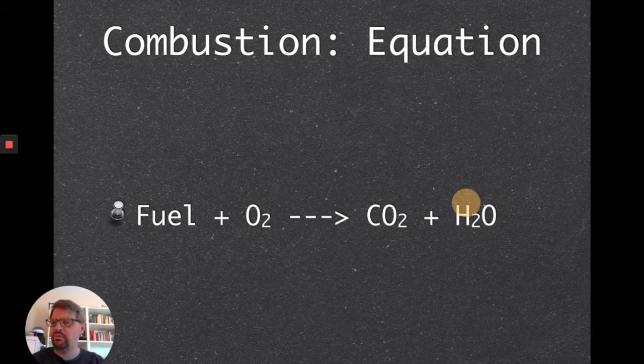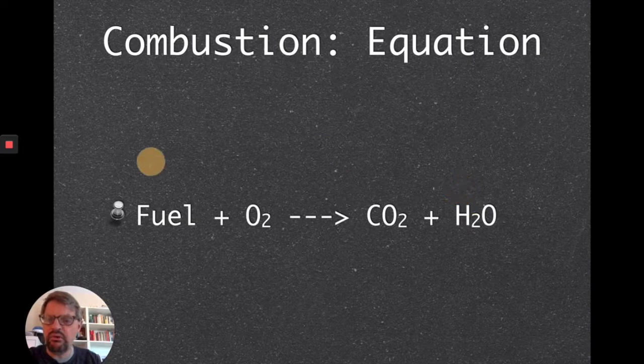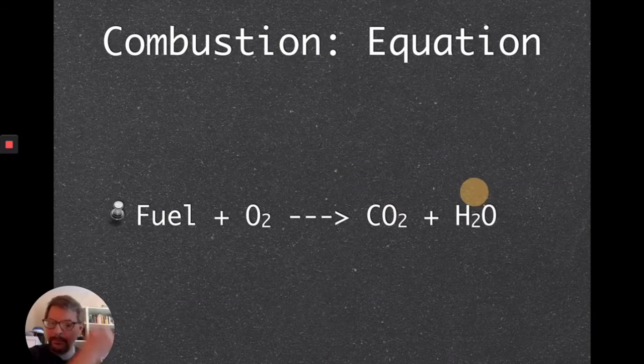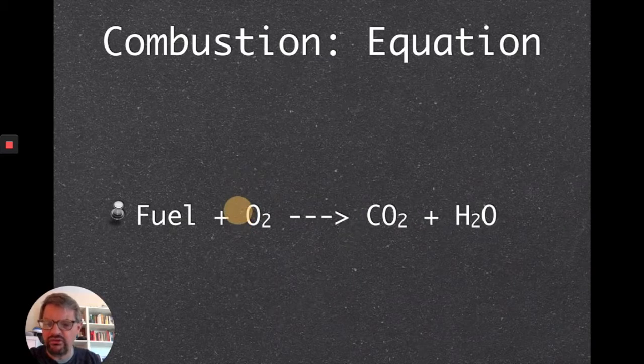And again, when you balance, you have to ensure that you have the same number of atoms of each element, both over here in the reactants and over here in the products. Same number of atoms of each element. So you have to balance the equation. And you do that by changing these numbers, the coefficients that go to the left of each compound.